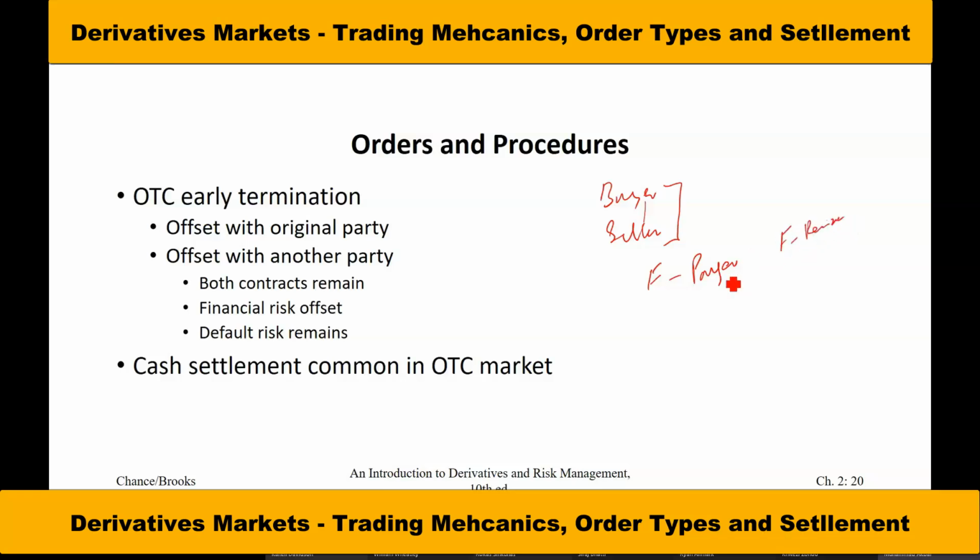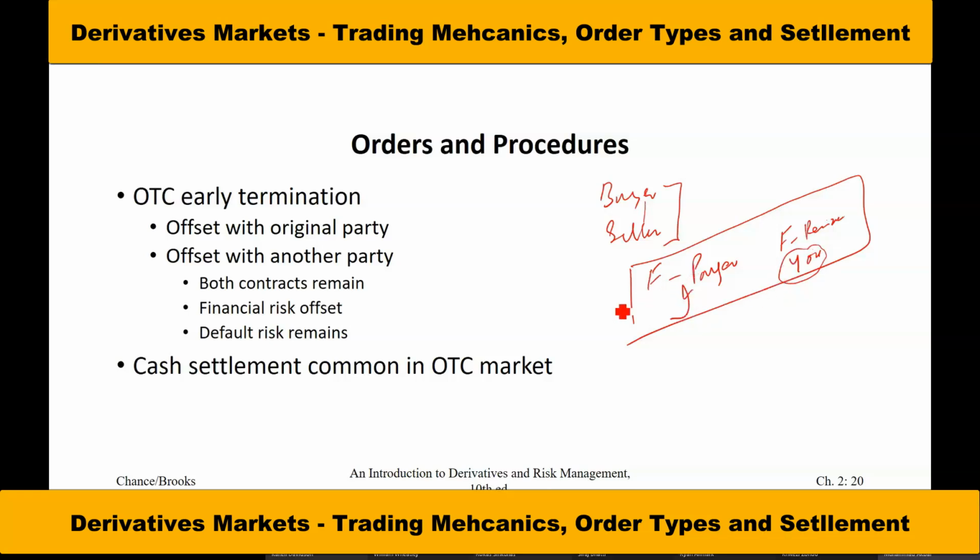If I see that interest rates have gone down, I would want to terminate this swap. Why? Because if I continue in this swap, I will lose value. So I want to reverse this. I cannot do it myself unless you agree with me. And for you to agree with me, I have to make payments to you.